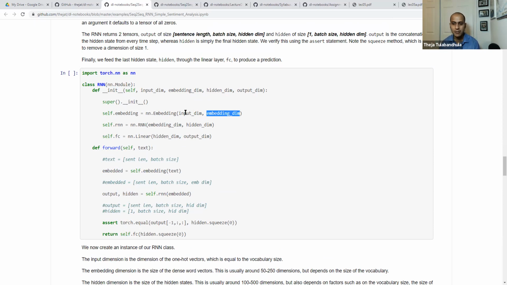Think of the input dimension as the number of words in your vocabulary, because you want to one-hot encode your words here. And the embedding dimension is something that you choose: for each word, how many dimensions do you want to use to embed them?